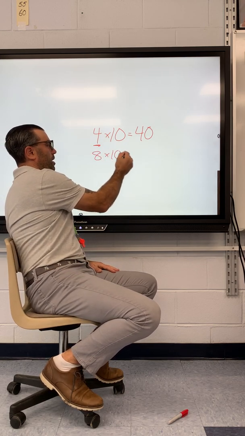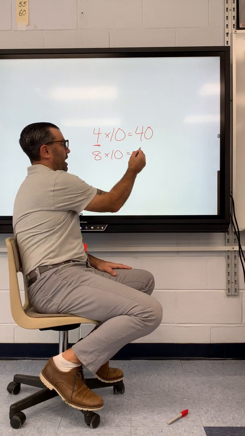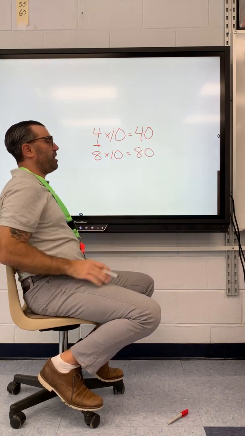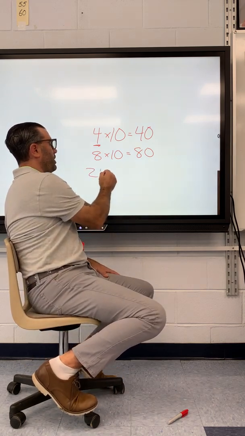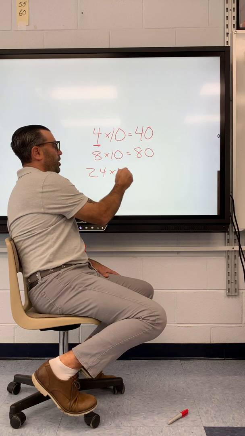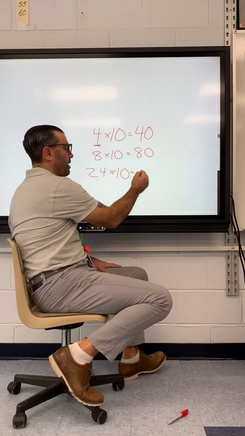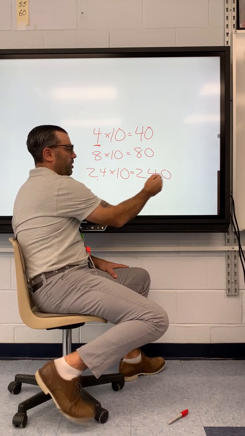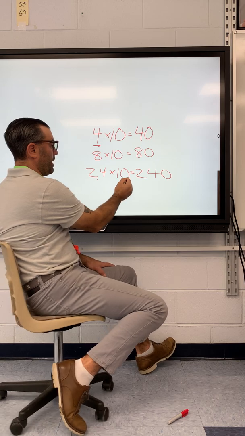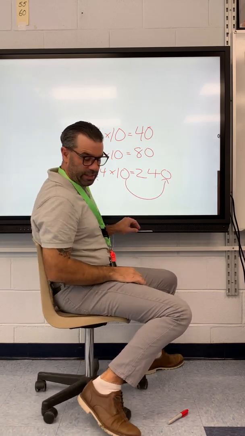And you'd be like, okay, answer? 80. Nice. Or say you said, Mr. Carey, what if I had to do something crazy like 24 times 10? That's where you can count by tens 24 times, or just take the 24 and bring the 0 over. 240. Just bring that 0 over. Pretty cool.